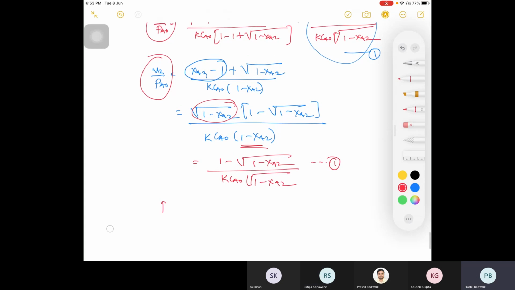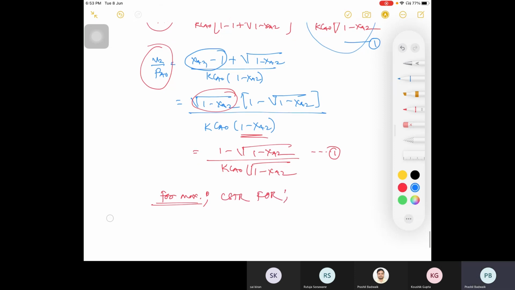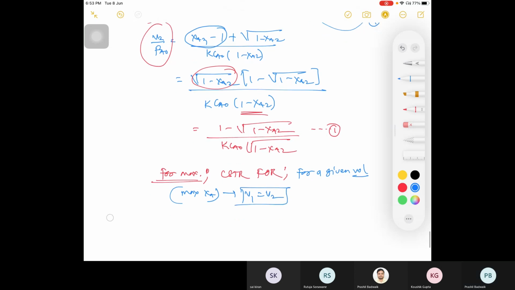So for maximum conversion, I told you earlier, in CSTRs for a first order reaction, for a given volume, if you are breaking it into different sizes, you will get maximum conversion when reactors have the same volume, right? So this was about the proof.